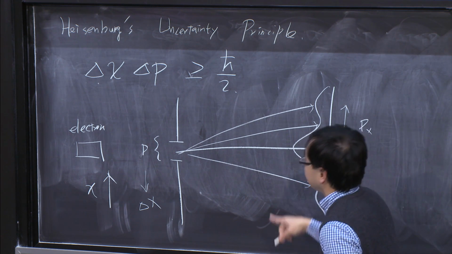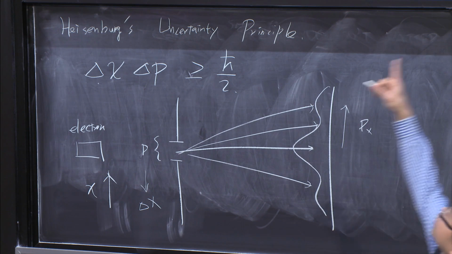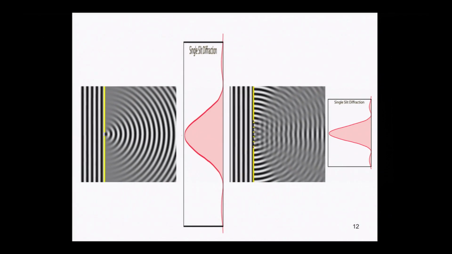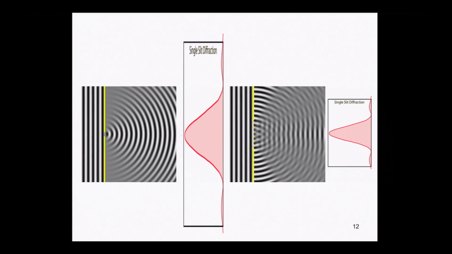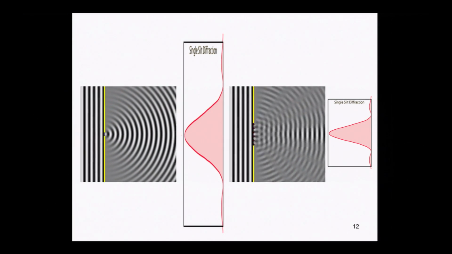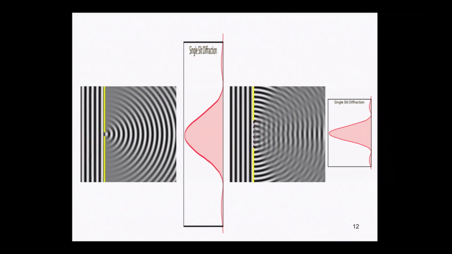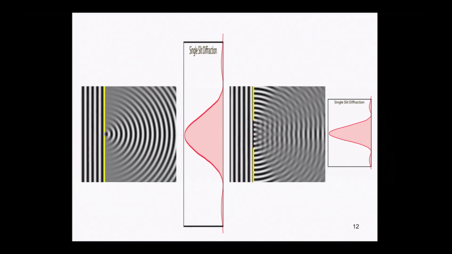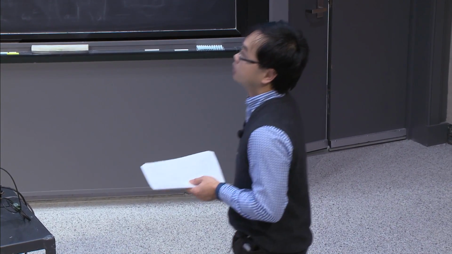One interesting thing we learned from the derivation last time is, let's look at the slide here. On the left-hand side, if I have a very small slit, D is small, what does that correspond to? That corresponds to delta x going to a very small value. You are really sure where the electron is at some instant of time when it passed through the experiment.